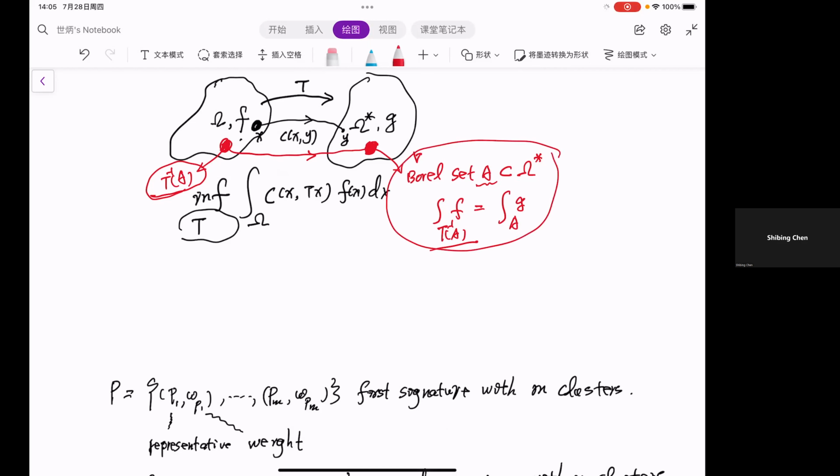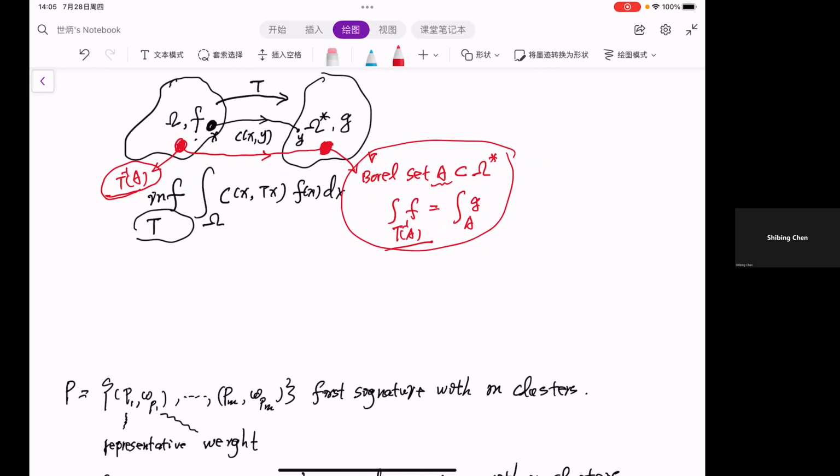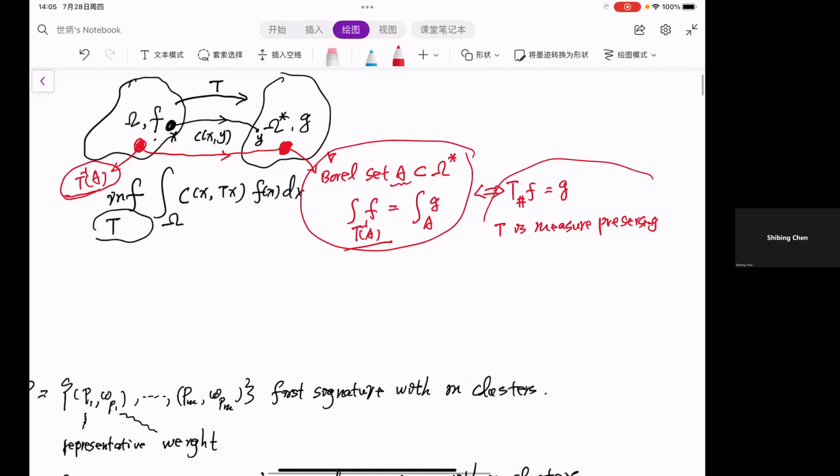In probability language, the notation is T sharp F equals G. Basically, you can say T is measure preserving. This is a very natural condition for the classical optimal transport problem.